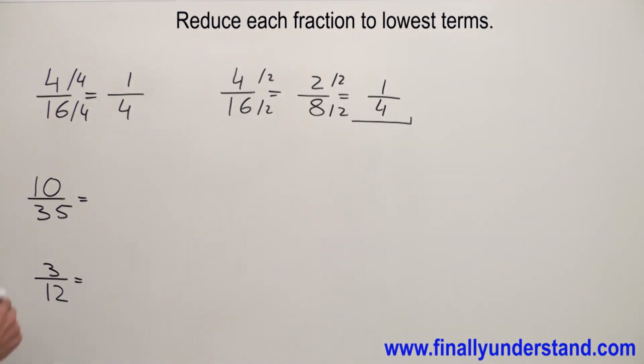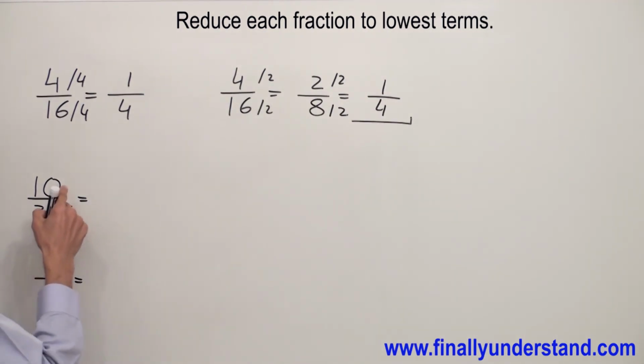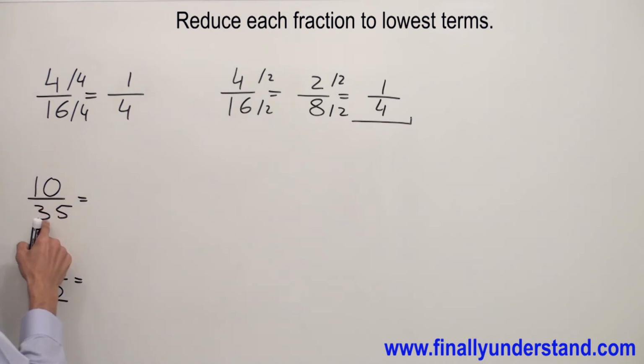Now let's take a look at another example. I have 10 over 35. Okay? Now, what you're supposed to realize is that numbers which end with 0 or 5 are divisible by 5.